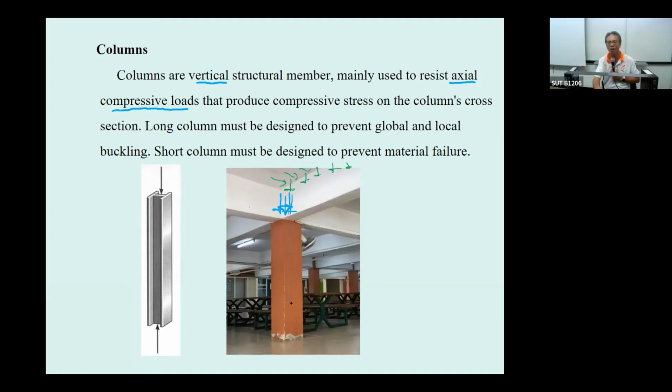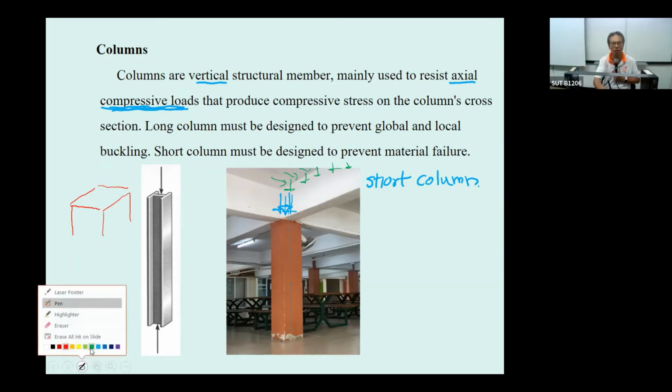Most of the time, we assume the short column is subjected to only compressive load. If you consider the section of this kind of column, it's going to look very close to the beam.